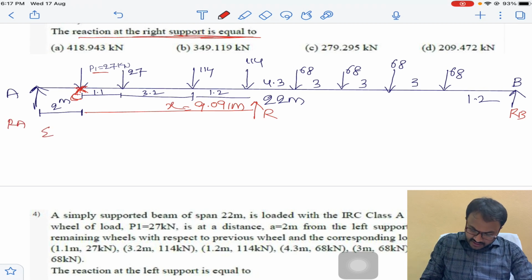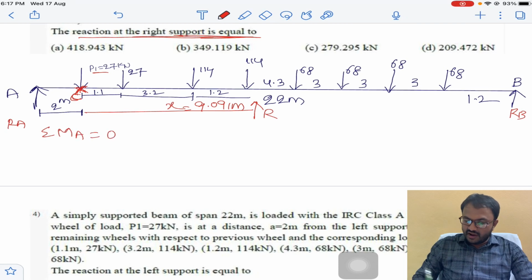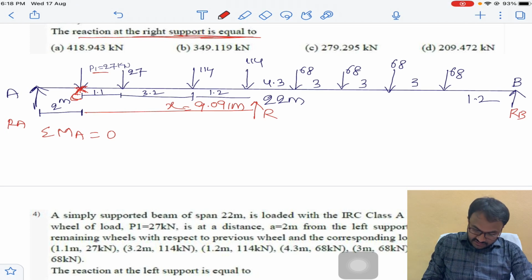I will take moment about RA, that is about point A. Sigma MA is equal to 0. RB will create anti-clockwise moment, and all the remaining loads will create clockwise moment.